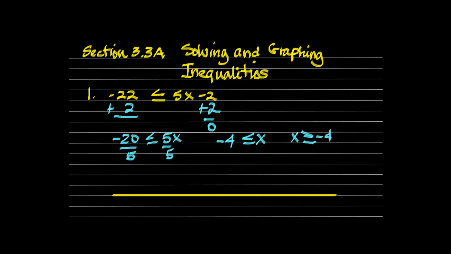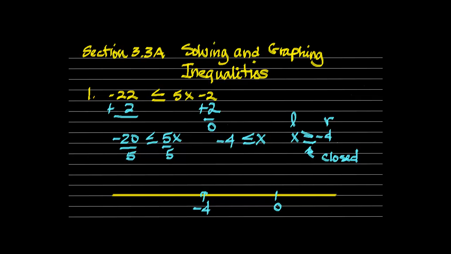Now that my variable is on the left and my number is on the right, this helps me with my shading. So now remember, we always want to show 0, and we always want to show our boundary point. If I look at the inequality, it has the bar underneath it, so this is closed.